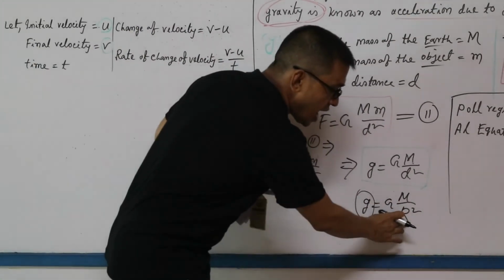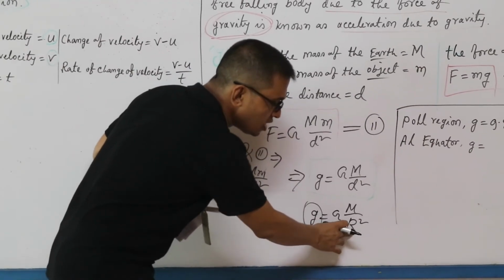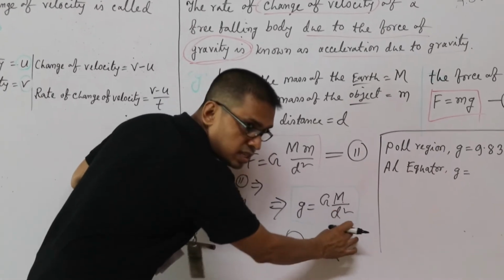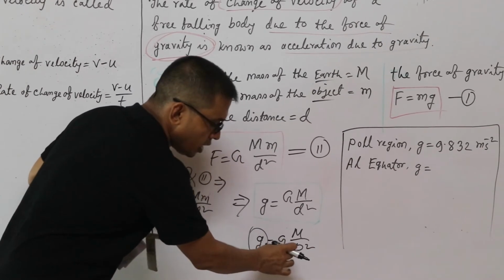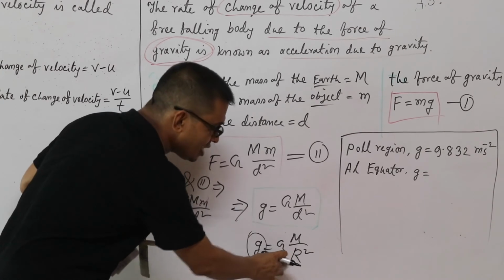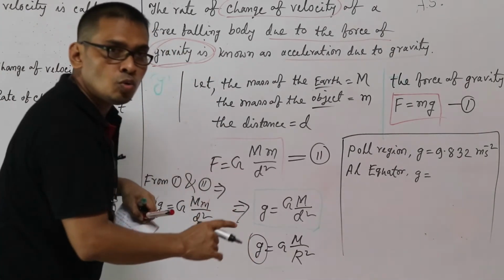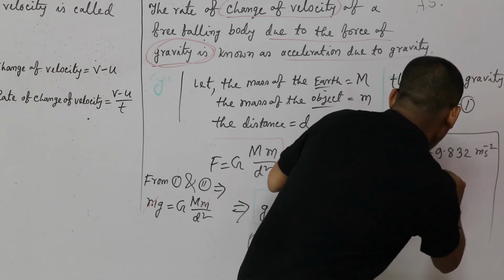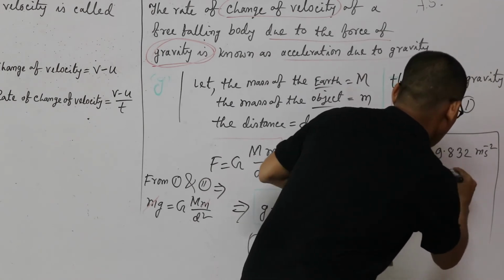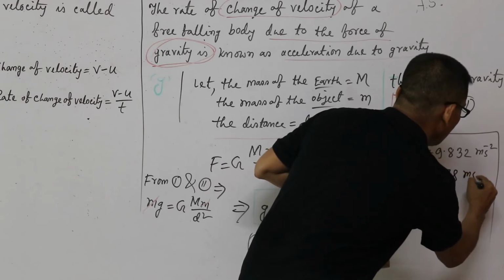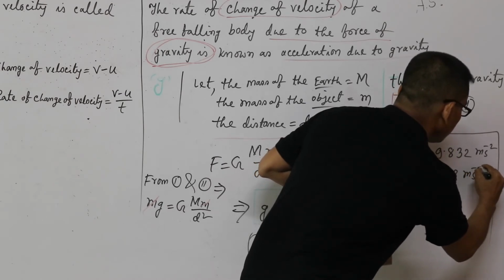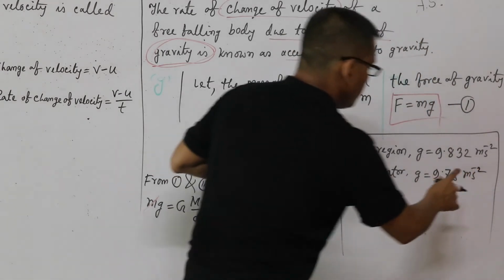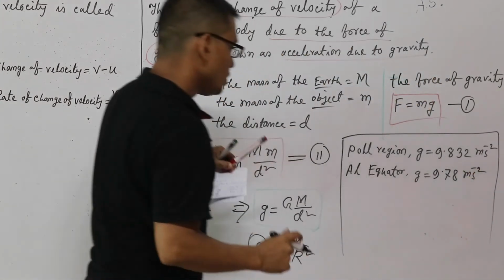That means the value of r is maximum, and as it is a fraction, if the value of r increases, the value of g will decrease, and this is the minimum value of g, 9.78 meter per second square.